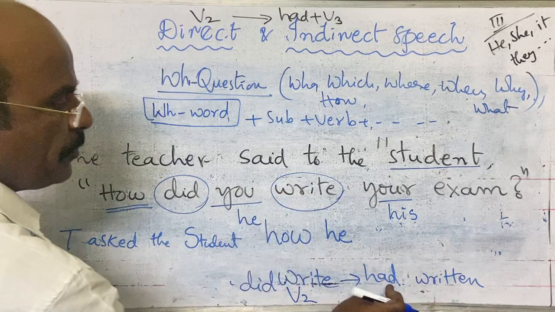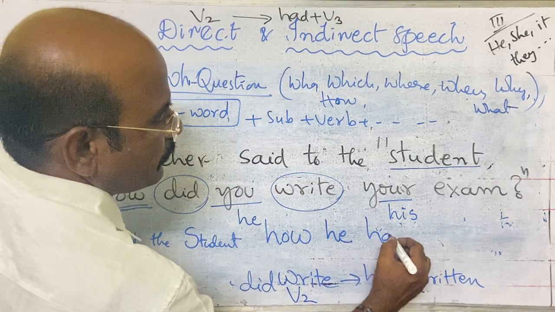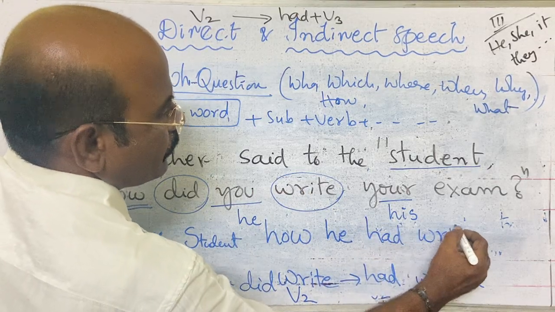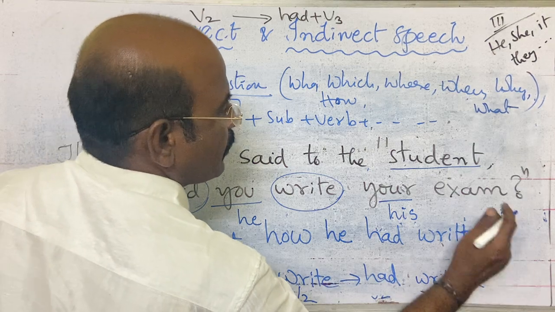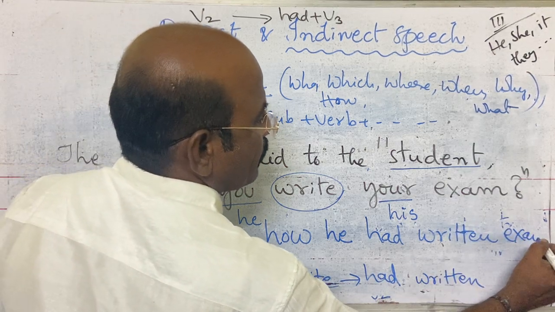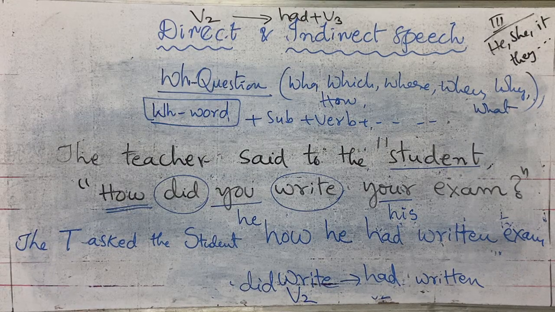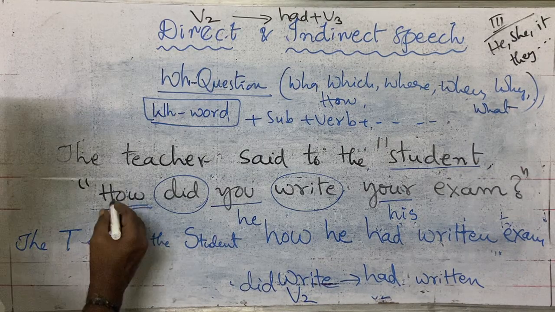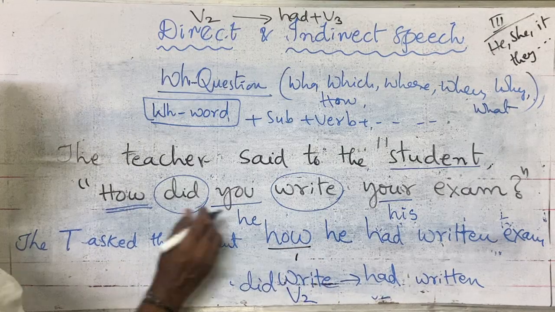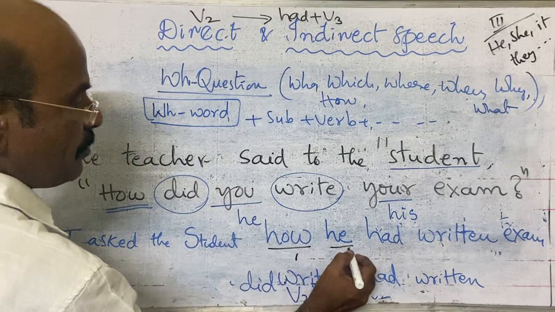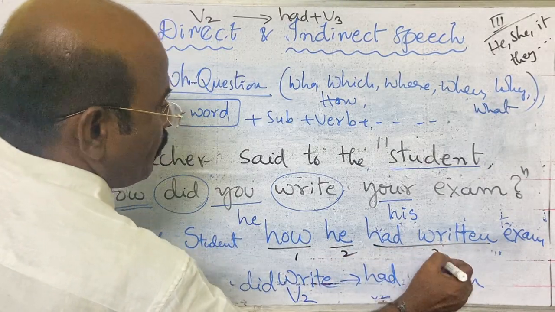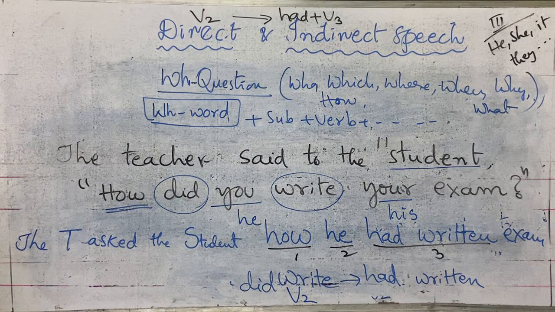What is the verb? Had written. Next, exam remaining. So what have we changed here? First, the conjunction is taken there. Next, the subject. Next, the verb. Like this, we are taking WH words.